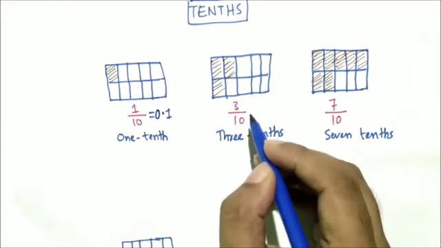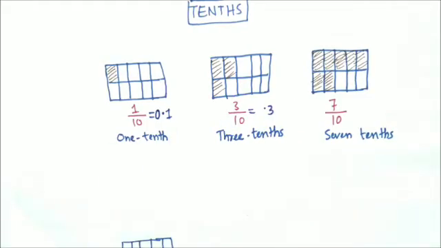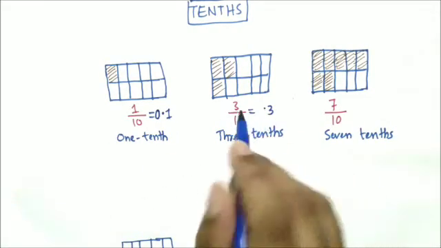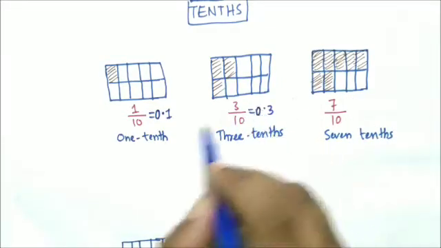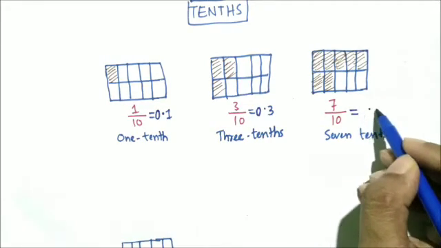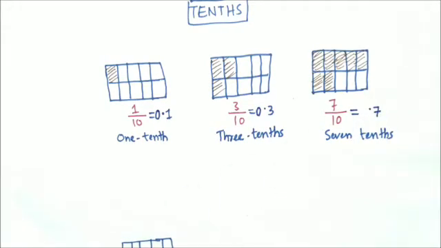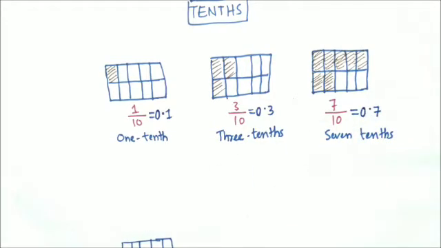Okay, 3 by 10 can be written as 0.3, correct, just to decorate, for design purposes. Let us put a 0 here. And this 7 by 10 can be written as 0.7. To design it, just put a 0 here, 0.7.